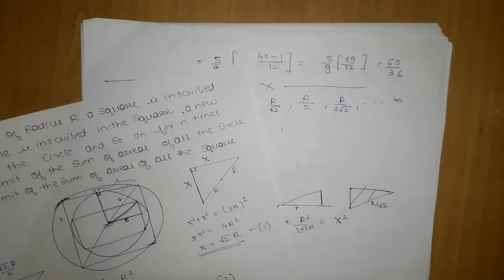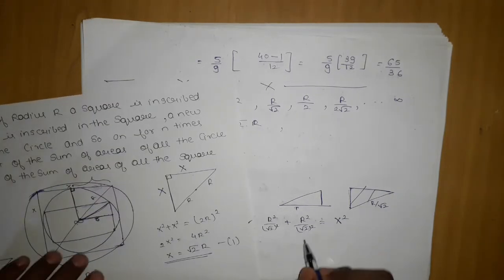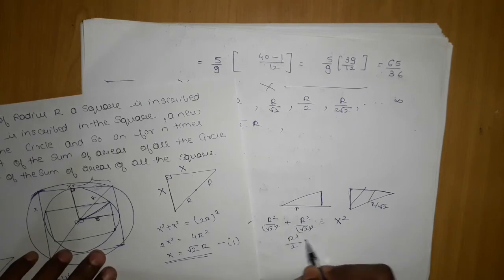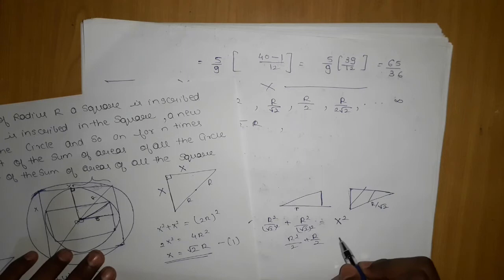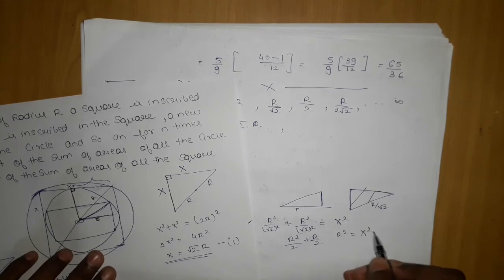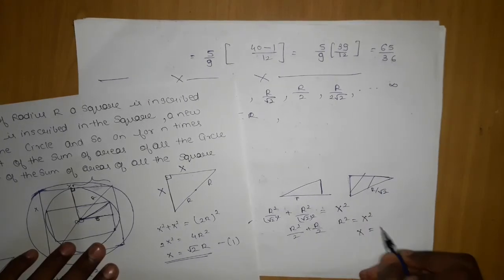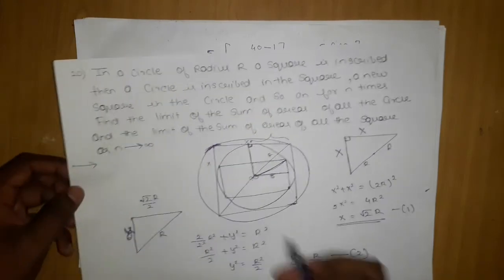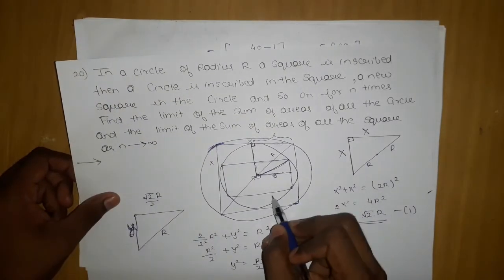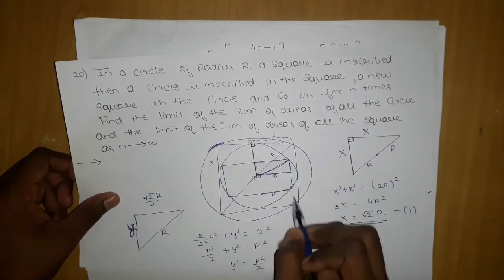So the moment we solve this, we will get r square upon 2 plus r square upon 2, which will be r square, so giving me x square equals r square. So the length of this internal square will be r.